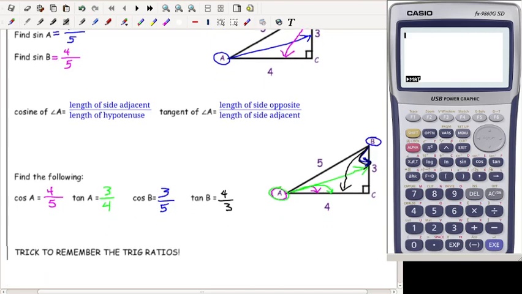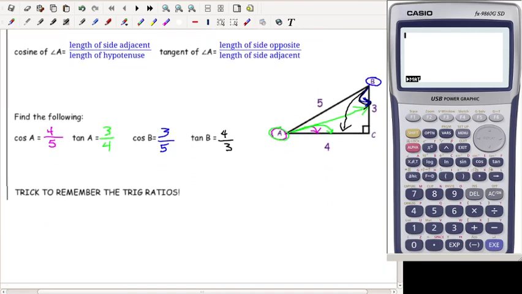people came up with a trick to help you remember what the trig ratios are. So that trick is SOHCAHTOA, which says the sine of any angle is equal to the opposite of the angle over the hypotenuse.